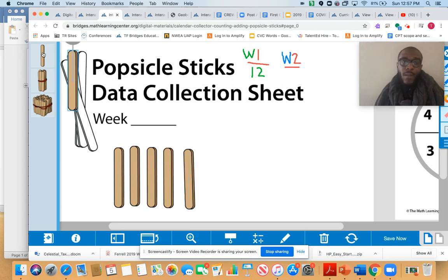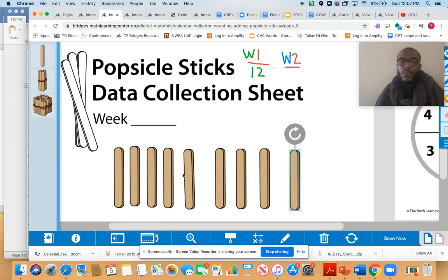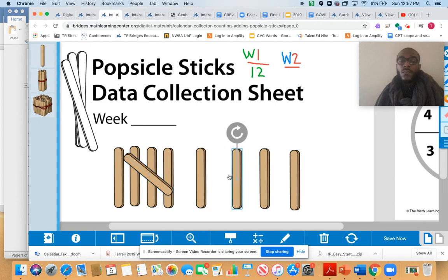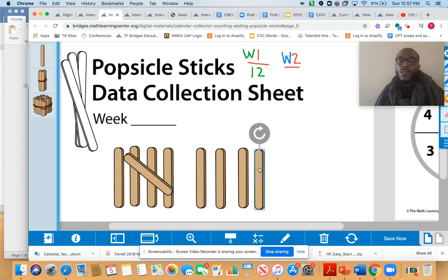So I'm going to add 4 more popsicles. 1, 2, 3, 4. Get them a little closer. Now we can count it as 5, 6, 7, 8, 9.